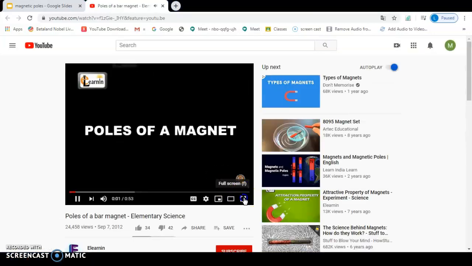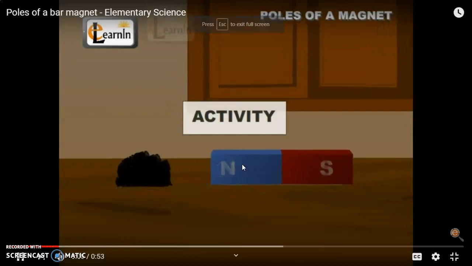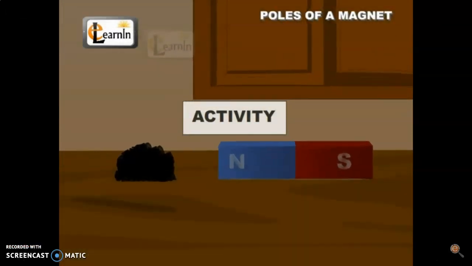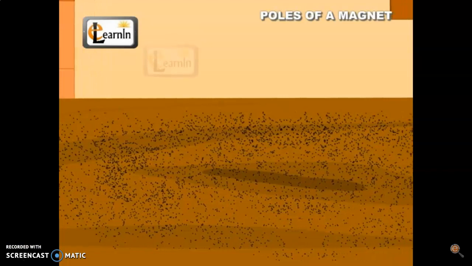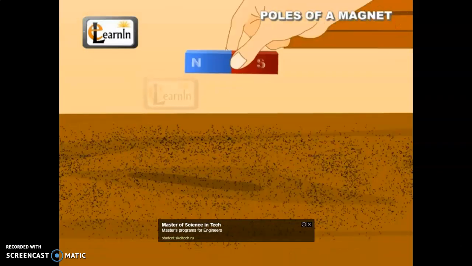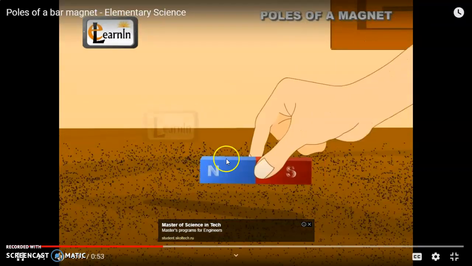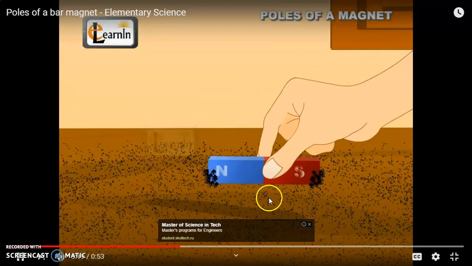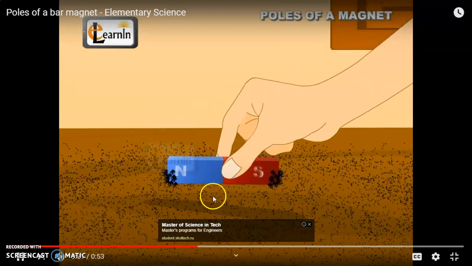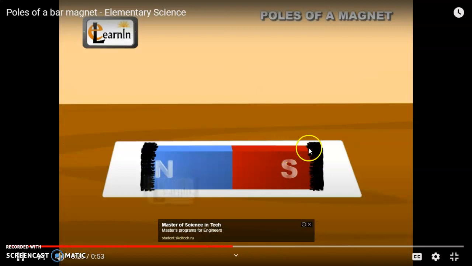Poles of a magnet. The following activity shows how magnets get attracted. Randomly place some iron filings on a table. Now take a magnet and place it on the table for some time. Then remove the magnet and observe where the filings are attached. You can see that all the filings are attached at the two ends of the bar magnet.